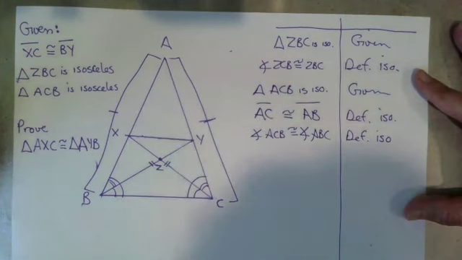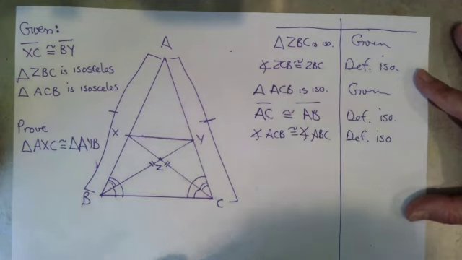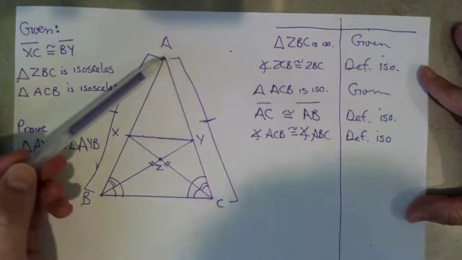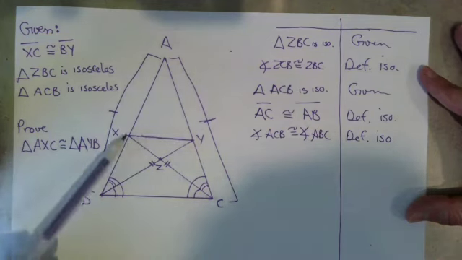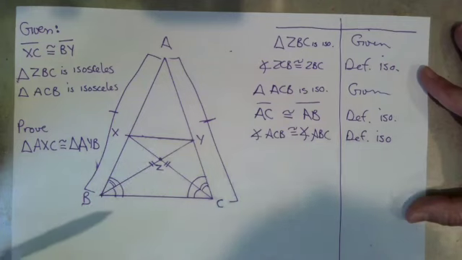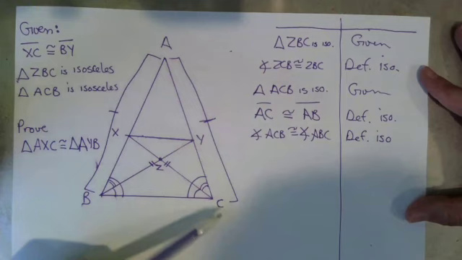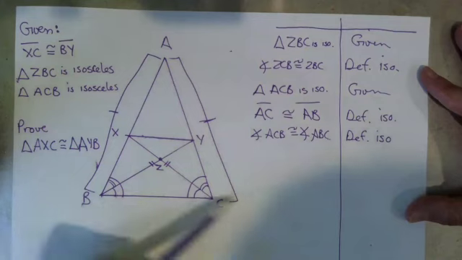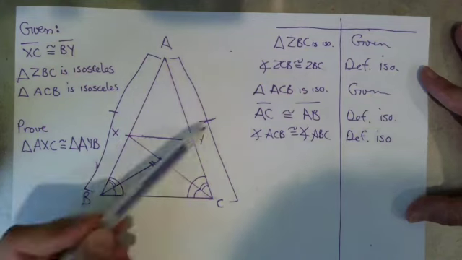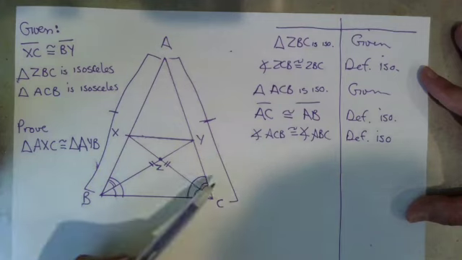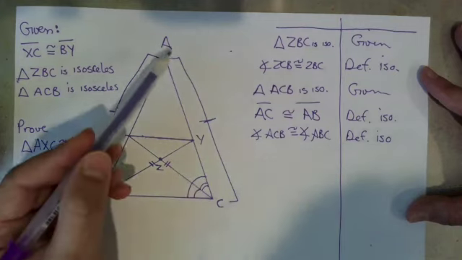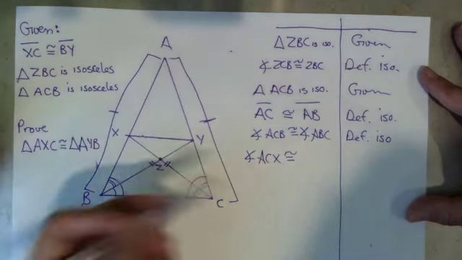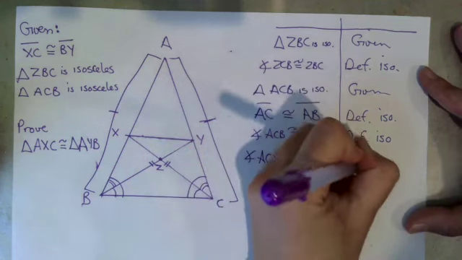Now, depending on how picky your teacher is, you may need to say that angle ACB is made up of ACX plus XCB, and that angle ABC is made up of ABY plus YBC, and then land at the statement that through subtraction, ACX is congruent to ABY because of subtraction.